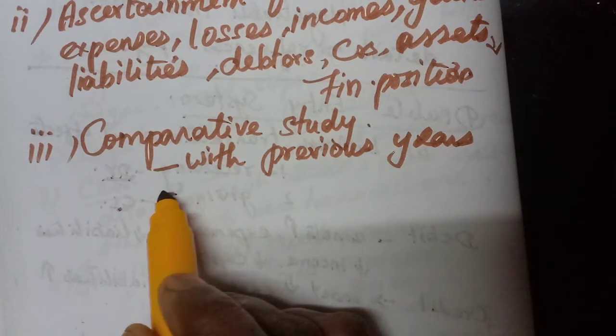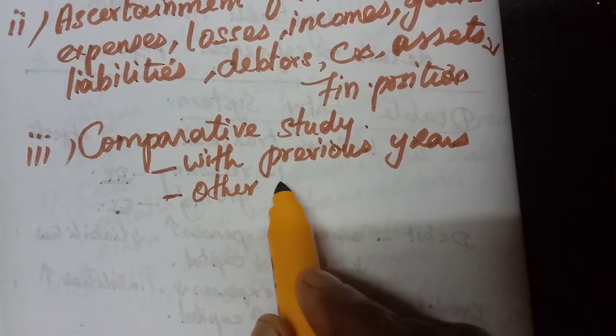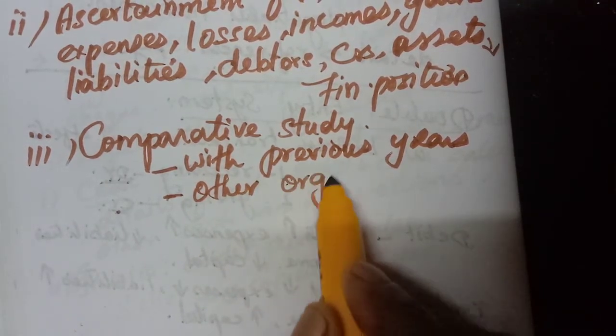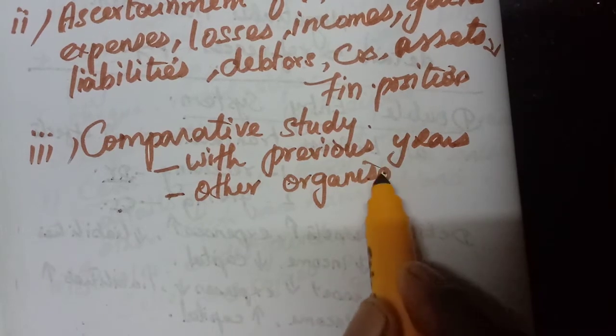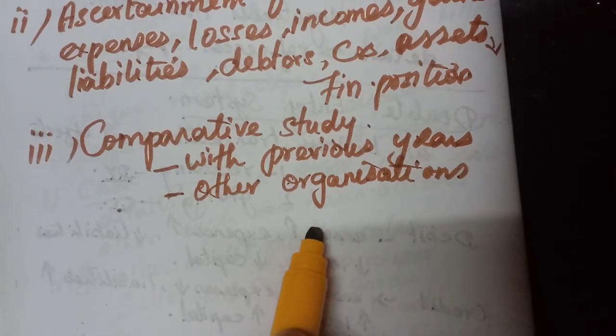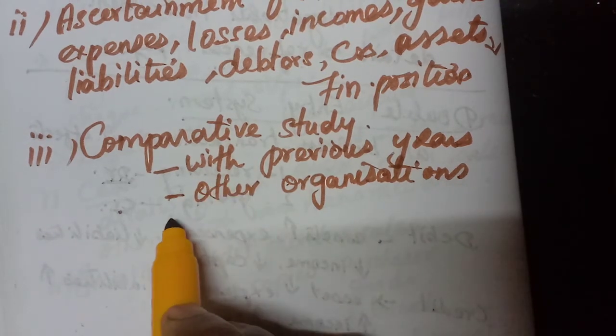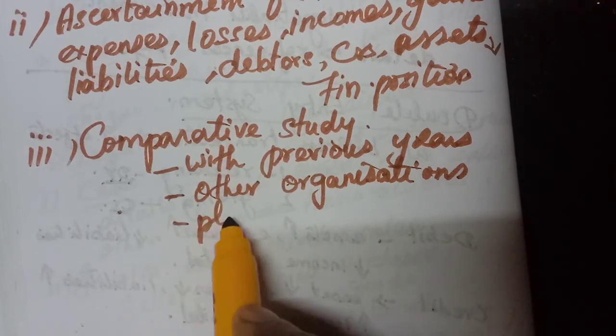Or we can compare with other organizations' accounts also. Other organizations' books of accounts or final accounts, financial statements can be compared. Only if we compare can we plan for the future.